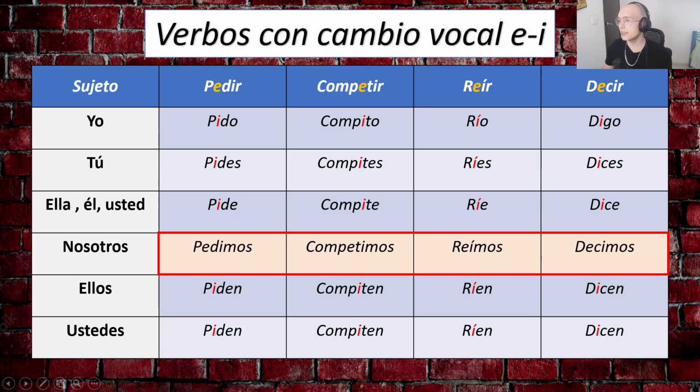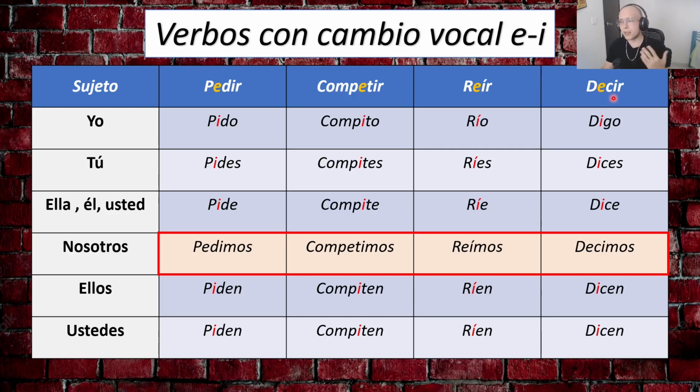Now, let's take a look at what these verbs have in common. If we listen carefully, you'll see that these verbs have the same ending sound. It's an E followed by an I. Pedir, competir, reír, decir.